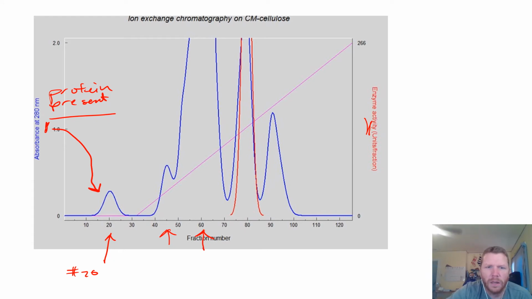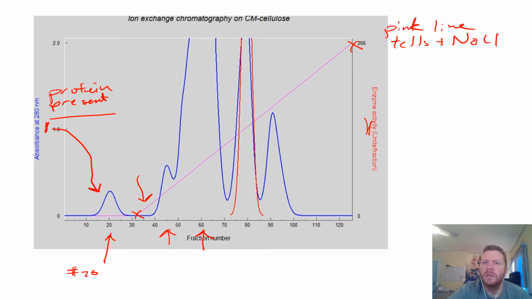Okay, the next line that I want to talk about is this pink line. One thing that you'll notice is that it gradually increases. So it starts down here, and it ends up here. The pink line tells us, in this case for this purification, the addition of NaCl.